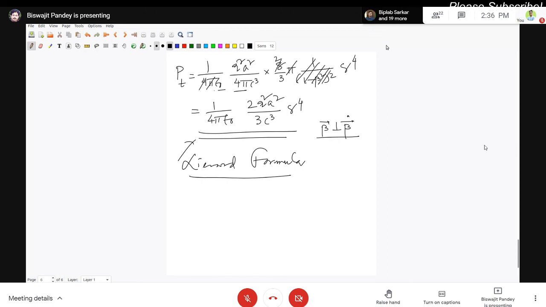For the time being, we are discussing a point charge, so let us finish the entire discussion for a point charge first. So in the next 2-3 classes, we shall discuss cyclotron radiation, synchrotron radiation, electric dipole radiation, magnetic dipole radiation.